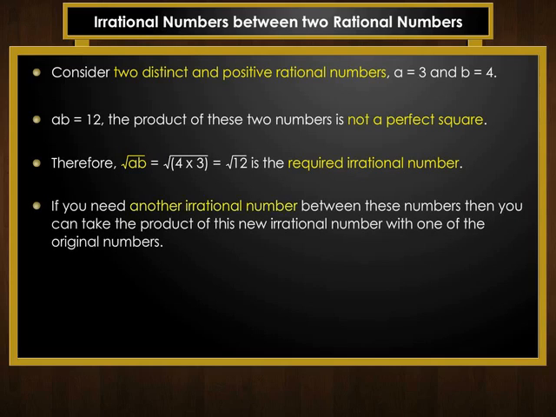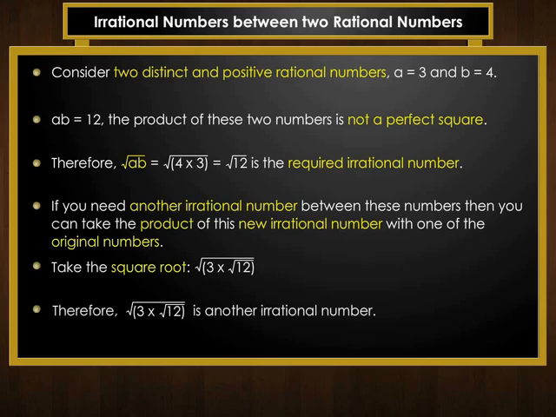If you need another irrational number between these numbers, then you can take the product of this new irrational number with one of the original numbers and take its square root. This will give the required second irrational number.